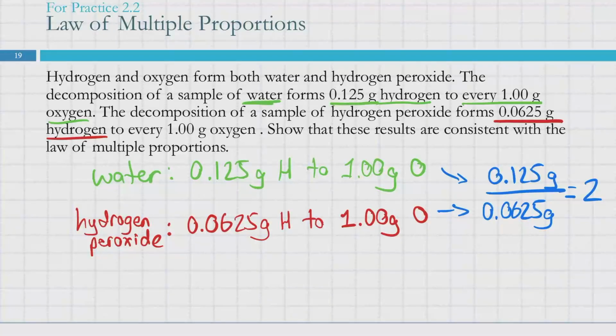We're not getting 2.5 times the number of hydrogens, or 1.34 times. It's always a whole number, so that's more evidence that these are made up of atoms, small individual units that we can't cut into further pieces.